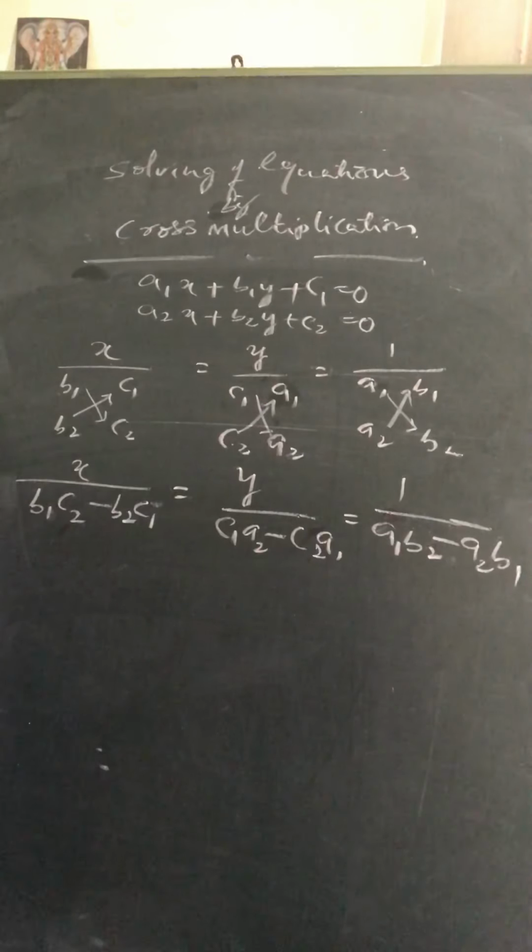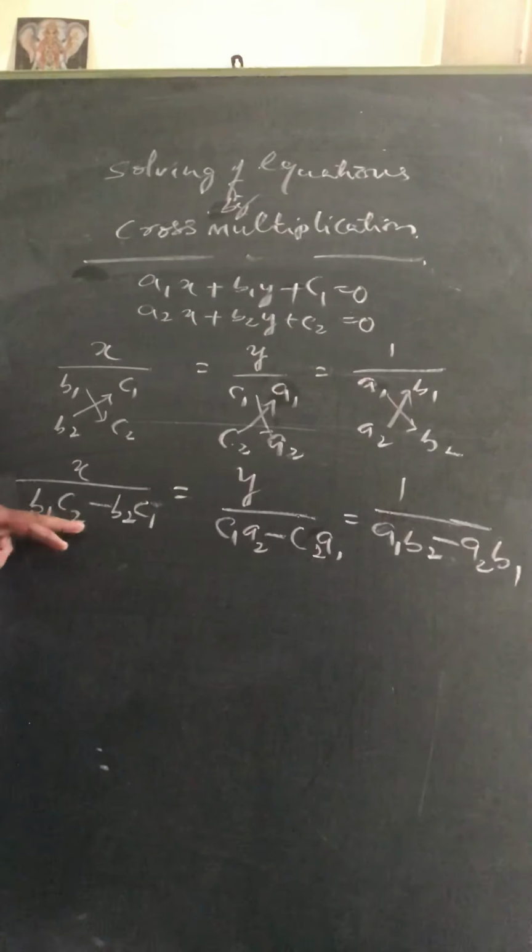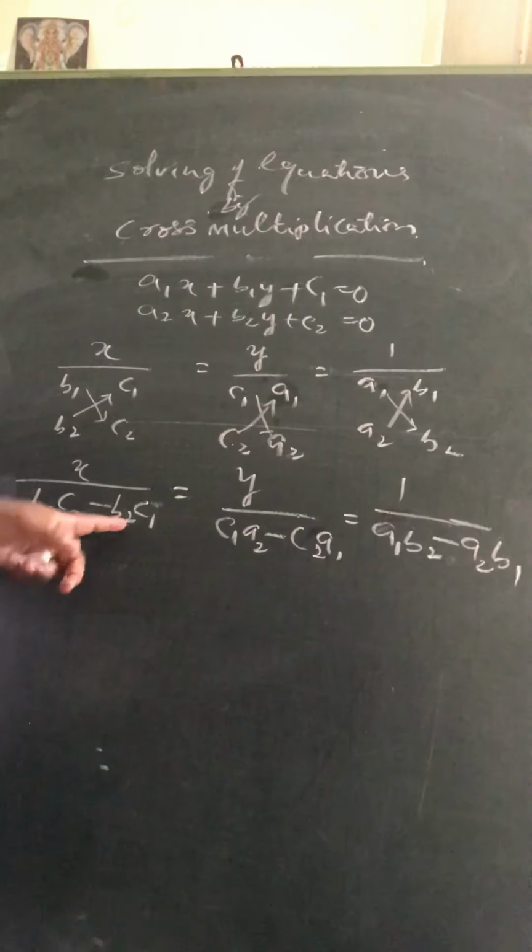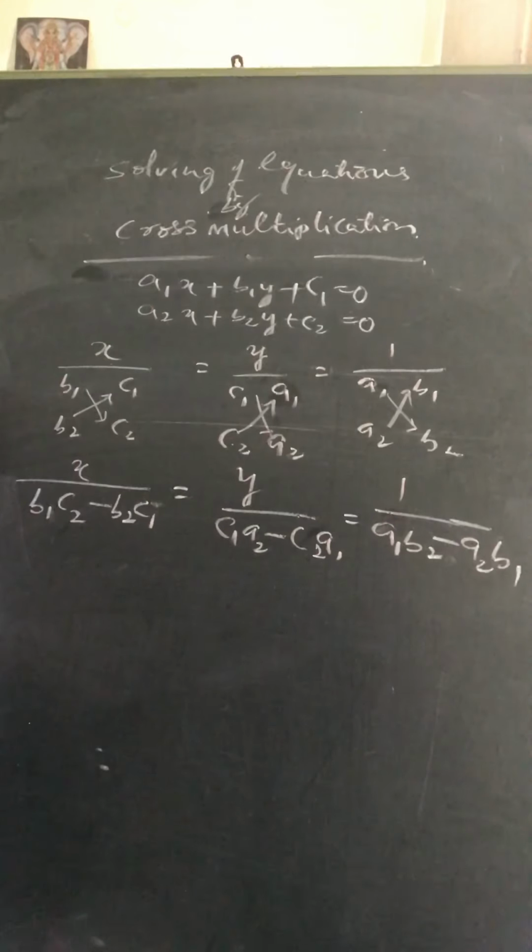This is the formula by which we find the values of x and y. These products we got by multiplying the coefficients in cross multiplication, that is diagonally. In this we have to substitute the coefficients and we are able to find the values of x and y.